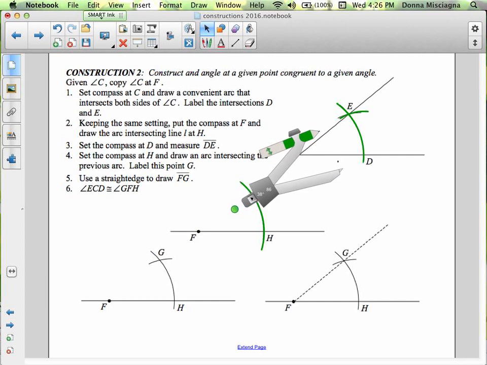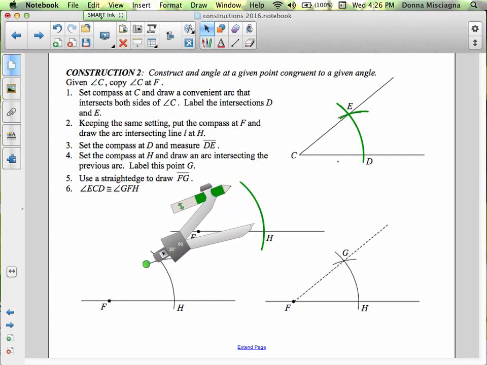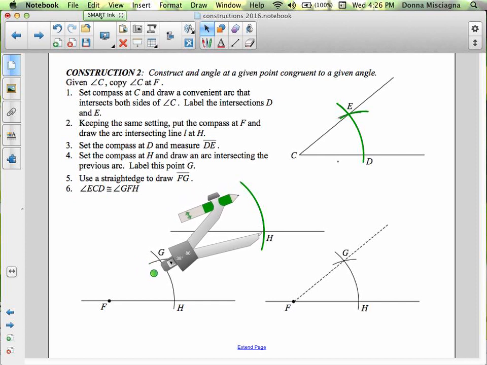It's just a little harder on the smartboard, because my compass decides how much I can open and close at a time. All right, so now we're going to measure across the angle we're trying to draw. If we didn't draw that first arc to match the one on the angle we're given, we wouldn't know where to measure.